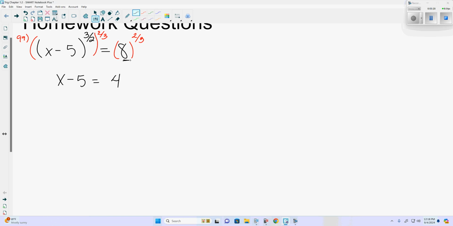If we take an even root, we need the plus or minus. If we take an odd root, we don't. Since it's an odd root, it's just 4. Now we just need to solve. And here we would add 5 to both sides, telling us x is equal to 9.